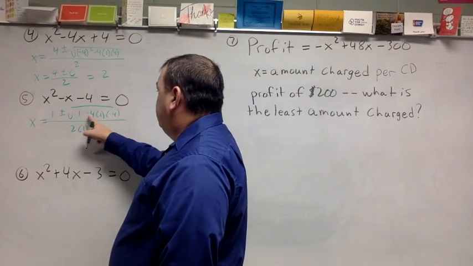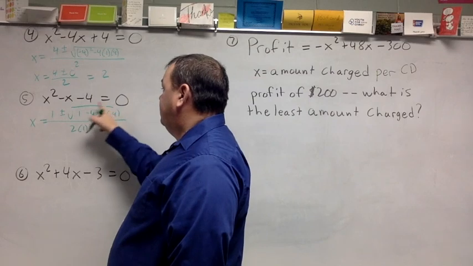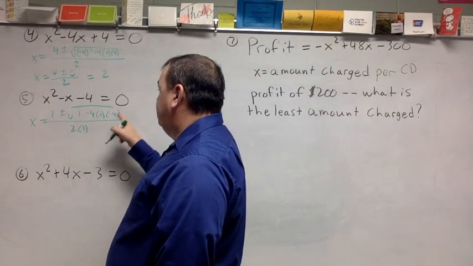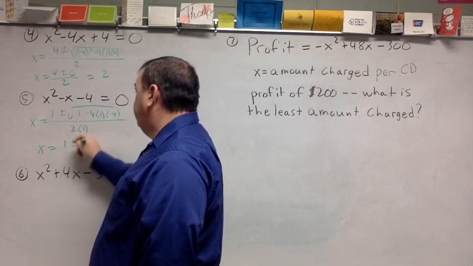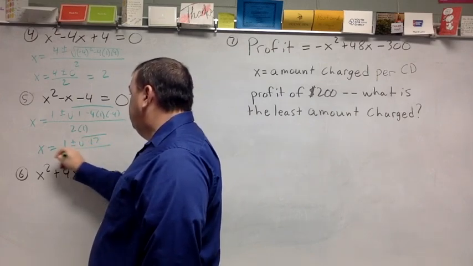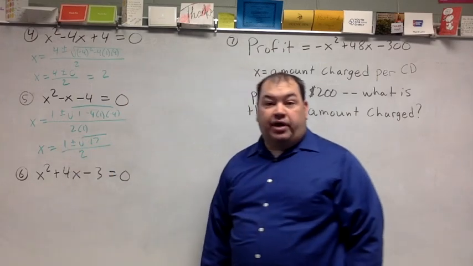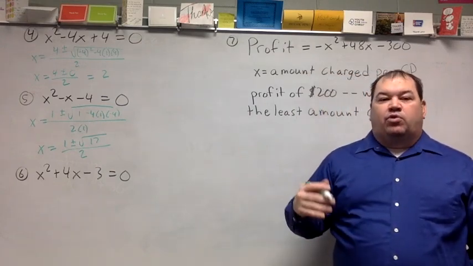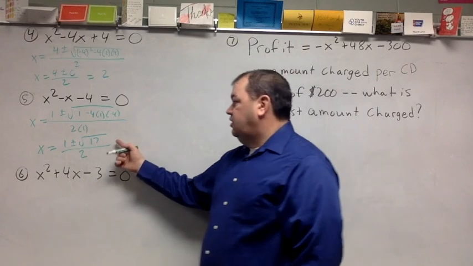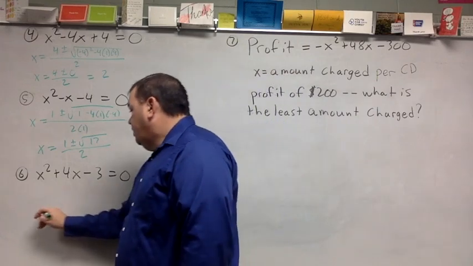Negative times a negative, that's going to actually make this plus 16. So 1 plus 16 is the square root of 17. And I cannot do the square root of 17. You can leave it. There are my two answers. 1 plus the square root of 17 over 2, and 1 minus the square root of 17 over 2.